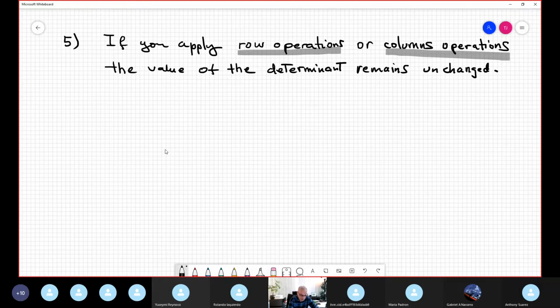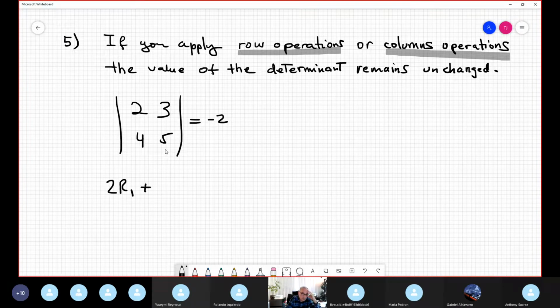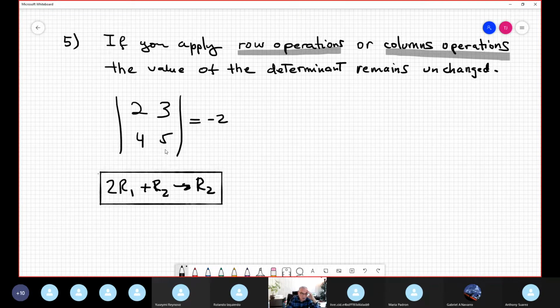Suppose again the classical example 2, 3, 4, 5, and the answer, remember, is negative 2. Suppose I perform the row operation 2R1 plus R2 stored in R2. Guys, I know that at the beginning it's complicated to understand. This is row 1, this is row 2.